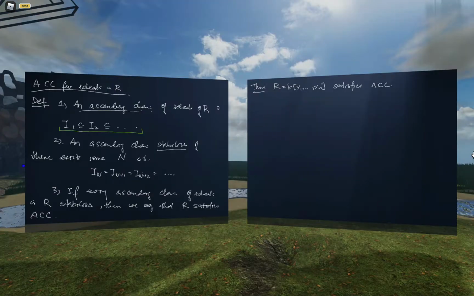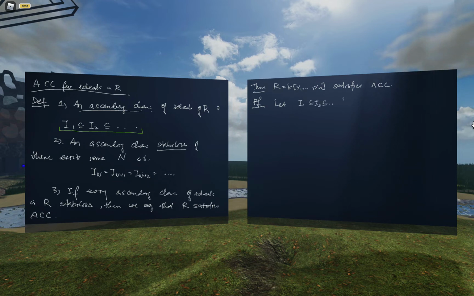Okay, so the proof is actually not too difficult. You let I1, I2, and so on be an ascending chain.